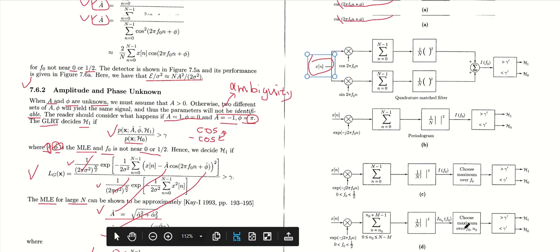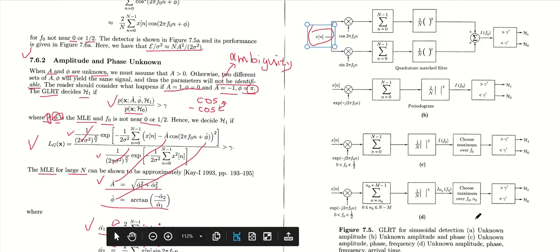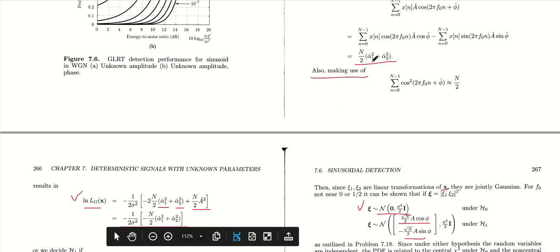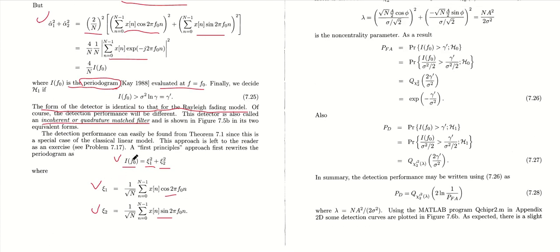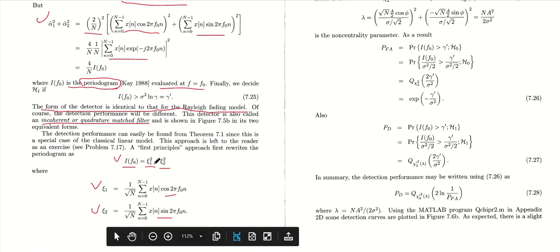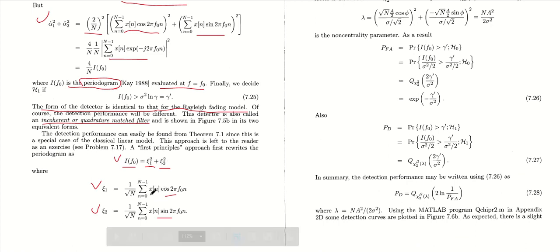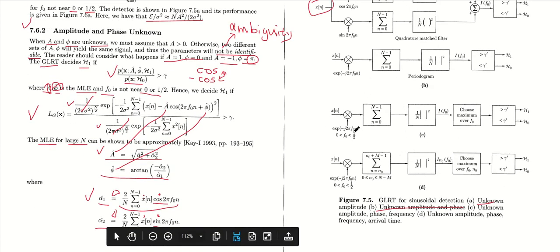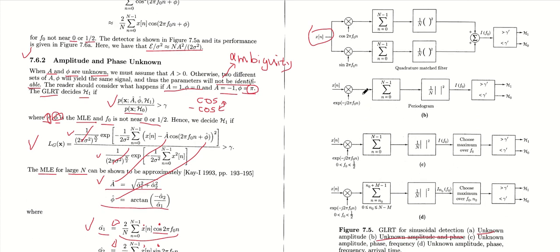Here, we're talking about unknown amplitude and phase. Eventually, step by step, going through the process, we go to the point of this, right? So you have to do cosine square, then cosine is x multiplied by cosine, x multiplied by cosine. So if we go back to this figure.